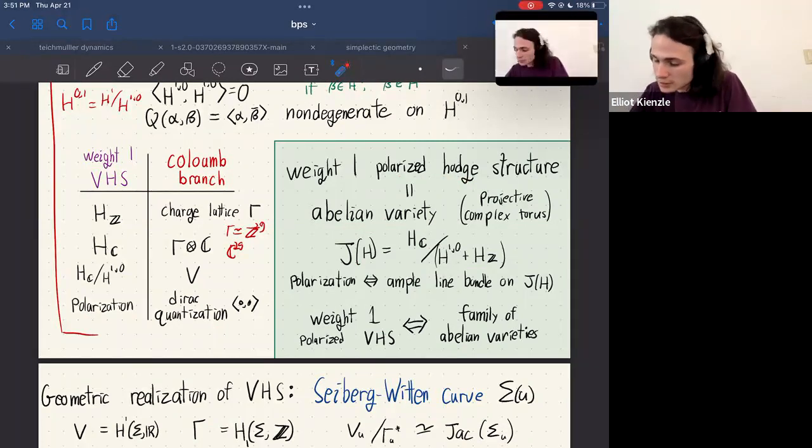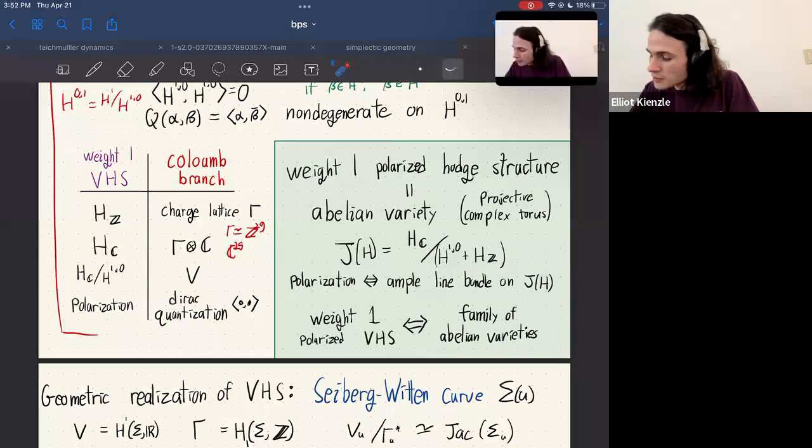You just take this vector space here and mod out by the lattice, right? So we can think about that in terms of the whole cohomology, with the holomorphic parts plus the integer parts. This should be familiar if you've done Riemann surface stuff, because this is how you construct a Jacobian.